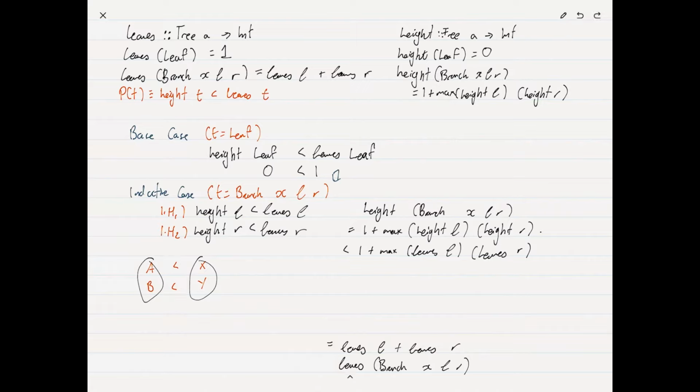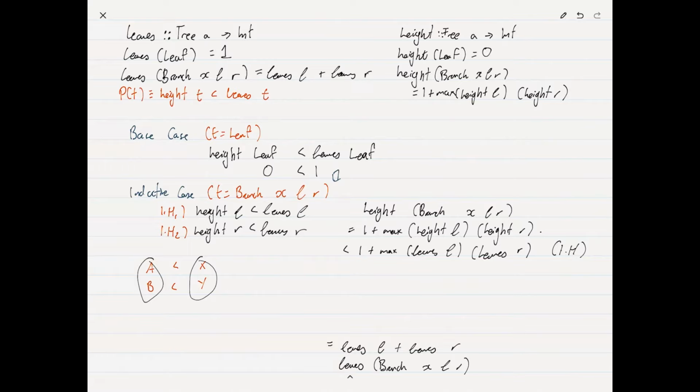Okay, so the next step is to try and get somewhere closer to the sum. So we've gotten rid of height and we've shifted over to leaves using our inductive hypotheses, along with this fact. Then the next step is to try and relate maximum and sum.